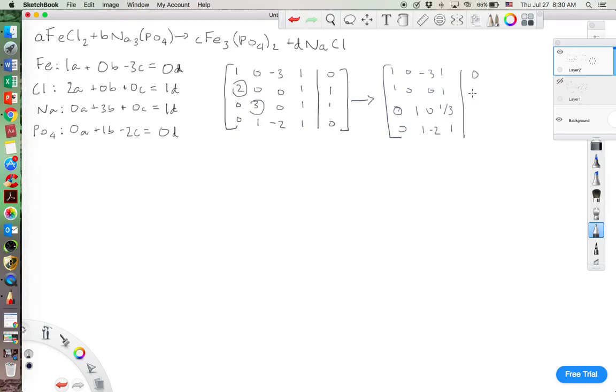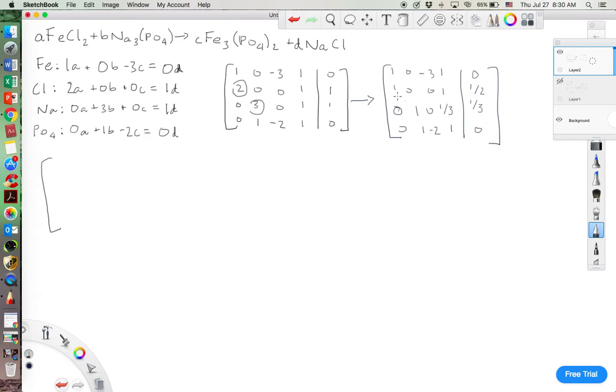Over here we've got 0, 1/2, 1/3, 0. Next we're going to take R1 and subtract from that R2, and subtract R3 from R4.